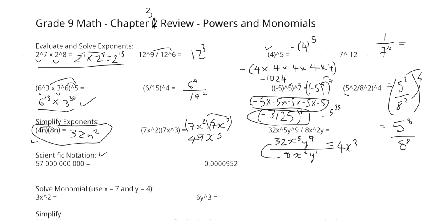So let's go to scientific notation. In scientific notation, it's very easy. We just need to count how many zeros or how many places we have, and the number must be in the form of a ones, and the balance must be in decimal. So this number is 57.